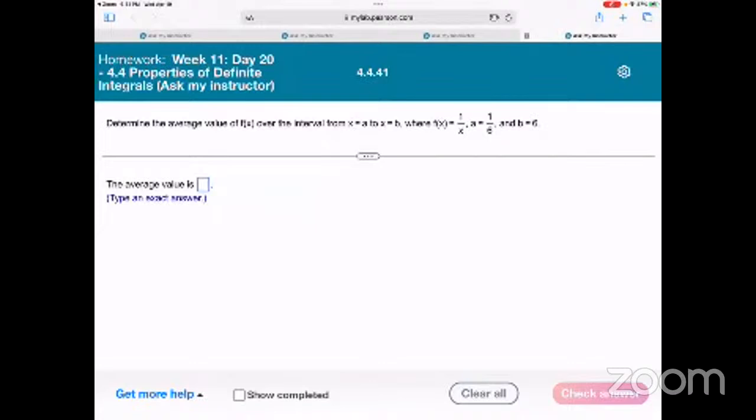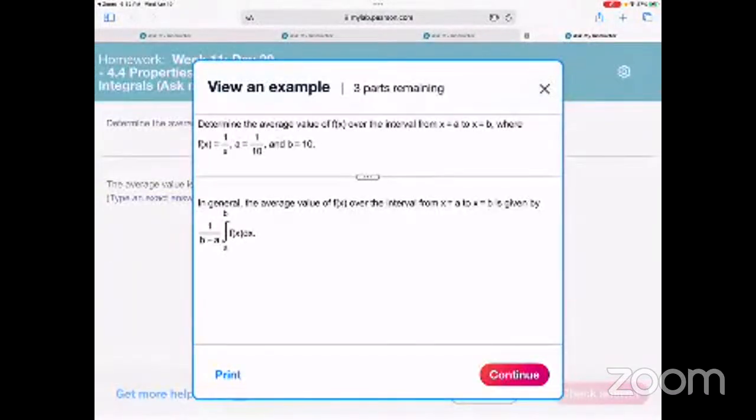So the integral of 1/x is the natural log, right? Oh, average. Okay, so 1/(b minus a). So it is the integral, like we were saying, but we just need to include 1/(b minus a). That's the only thing we're missing.